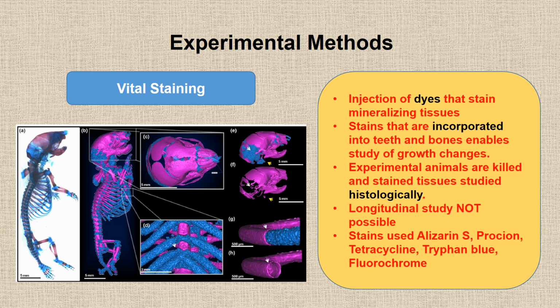The experimental animals have to be killed so that the tissues can be stained and studied histologically. And because the subjects are sacrificed, the longitudinal study is not possible. Common stains used for these techniques are alizarin S, procion, tetracycline, trypan blue, and fluorochrome.